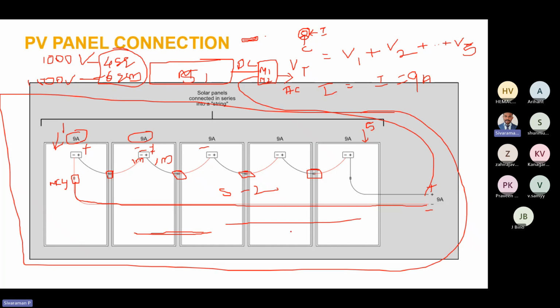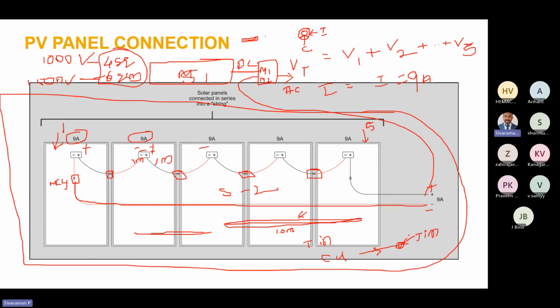Suppose the cable is 10 meters, for example. In manufacturing itself, copper will be there, and on top of it there is a coating, mostly of tin. Inner will be copper, outer will be tin.